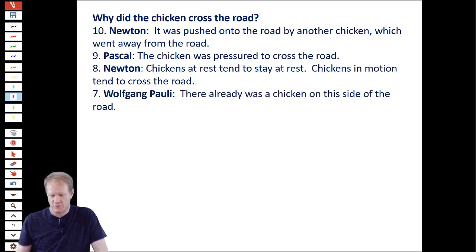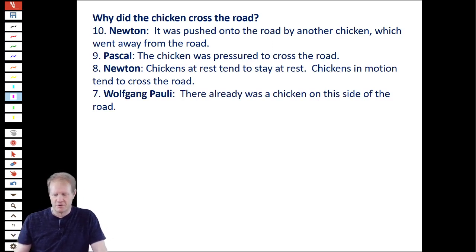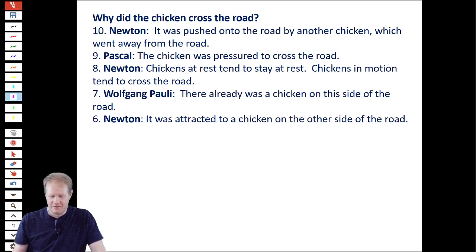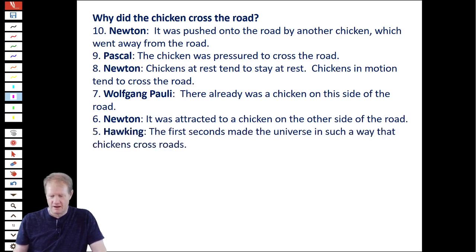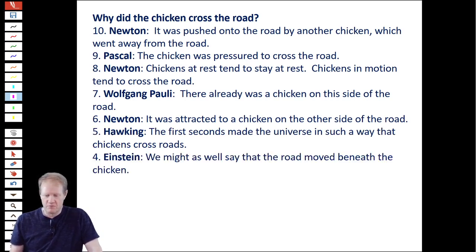Number 7, Wolfgang Pauli, there already was a chicken on the other side of the road. Number 6, Newton, he said it was attracted to a chicken on the other side of the road. So Newton has a lot of entries here. Number 5, Stephen Hawking, he said the first seconds made the universe in such a way that chickens cross roads. Number 4, from Einstein, we might as well say that the road moved beneath the chicken.